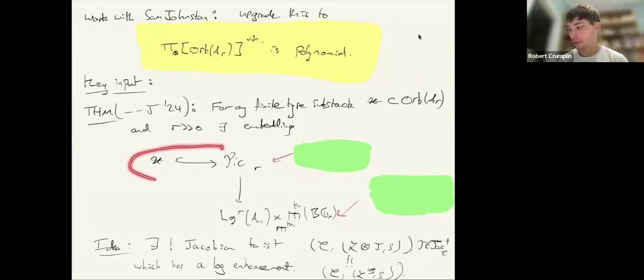It embeds into some type of universal Picard stack over another space. Don't worry about it. So it embeds into some universal Picard stack over a so-called log smooth space.